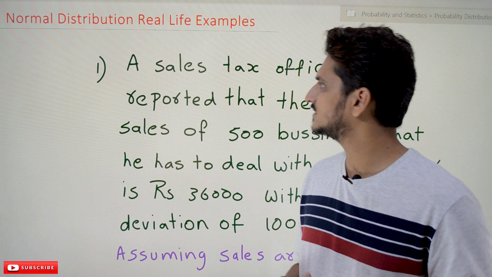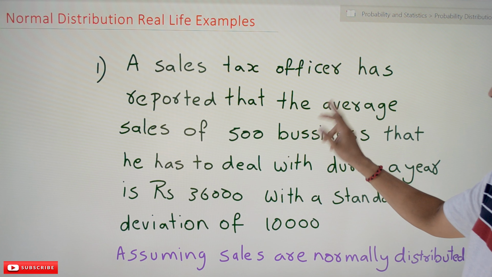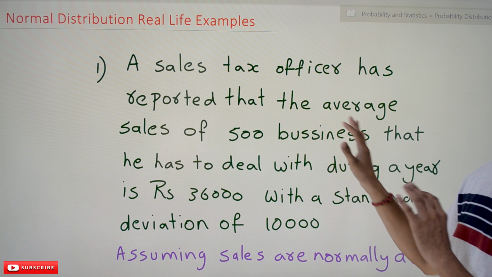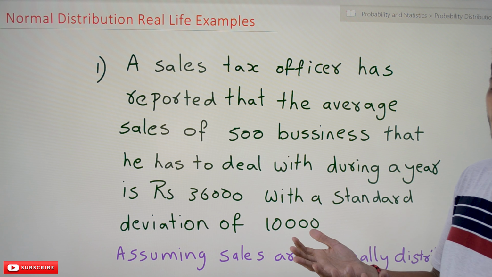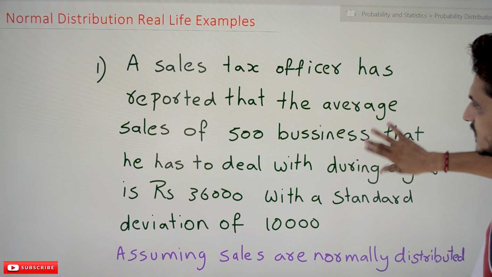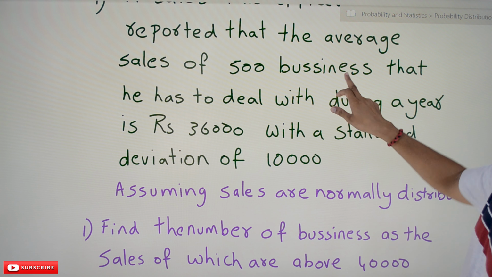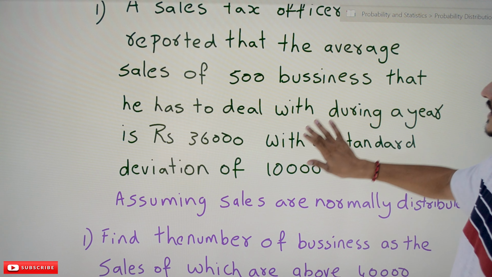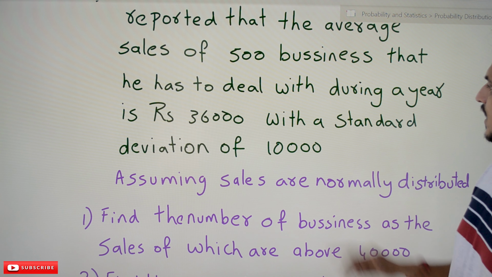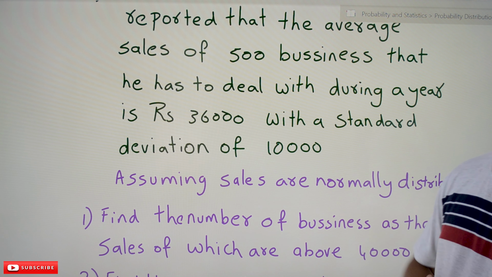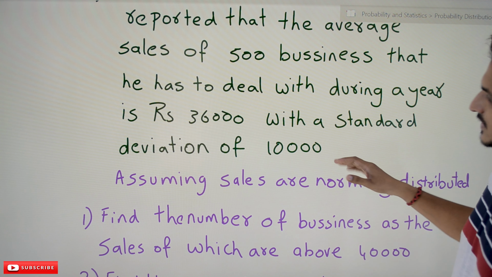Coming to today's class, a sales tax officer has reported that the average sales of 500 businesses that he is going to deal with is given as rupees 36,000 with a standard deviation of 10,000. So this is what he identified from his real-time experience.